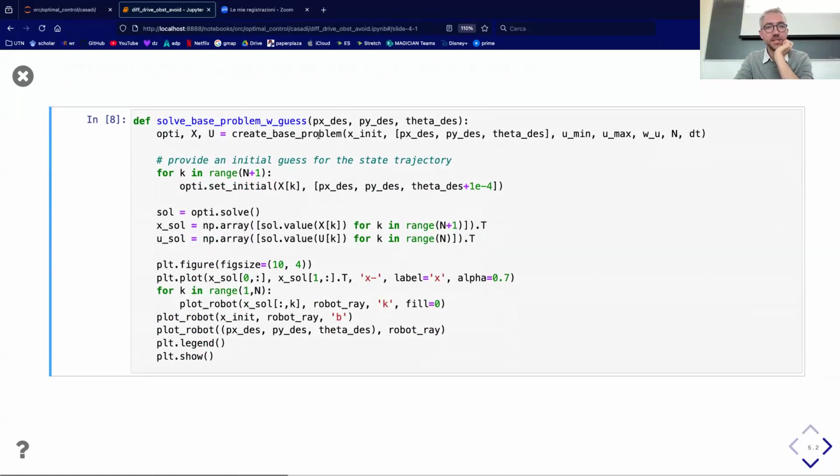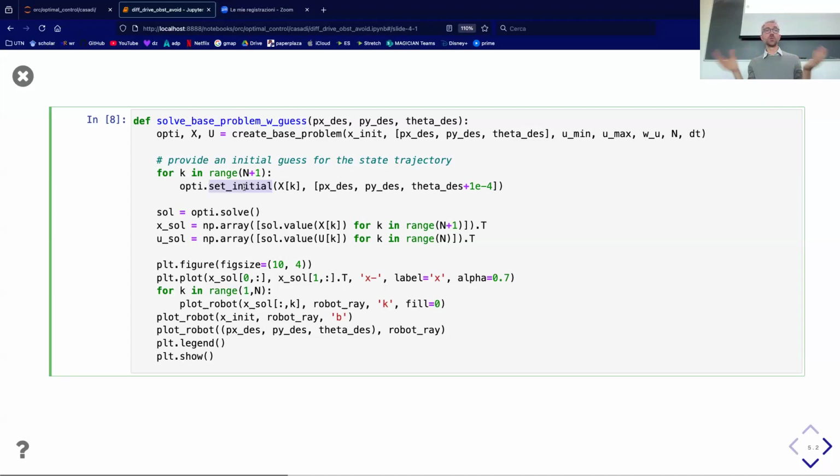So what I did here is that after creating the problem with the same function used above, I'm using this method, which I think is the first time that we see it. It's called setInitial, and it's a method that CasADi gives us for providing an initial guess to the solver. We can provide an initial guess for whatever variable we want.